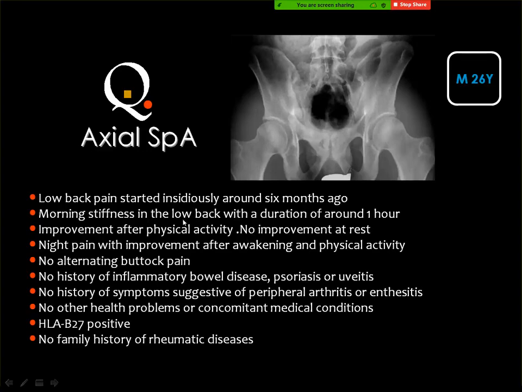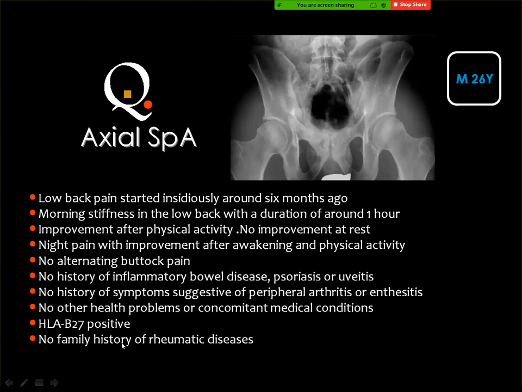The history should be like this: low back pain, which is insidious, and there is some morning stiffness, and this will improve with physical activity. And sometimes there is night pain, alternating buttock pain, and the patient should not have a history of inflammatory bowel disease or psoriasis or uveitis, because these will support the diagnosis of ankylosing spondylitis.